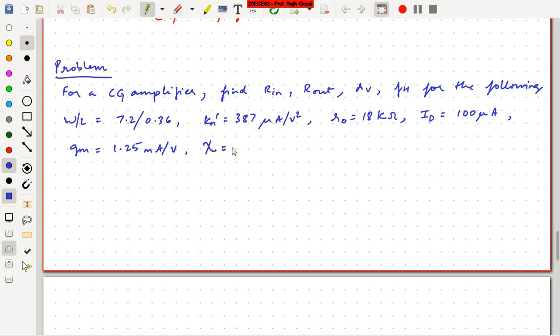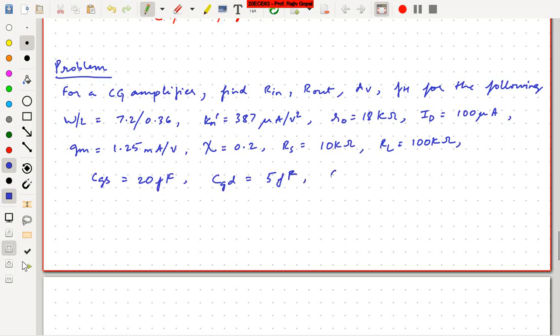You have chi value, which is 0.2. Then RS, which is 10 kilo ohms. RL, which is 100 kilo ohms. Then CGS, which is 20 femtofarads. CGD, which is 5 femtofarads. And CL is 0.